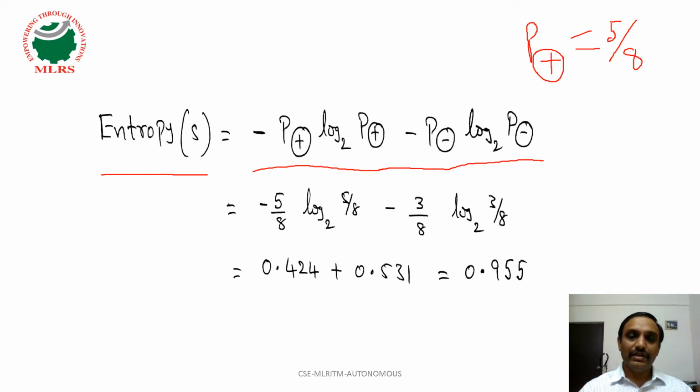Here in our truth table we have 5 positive divided by a total of 8. So minus 5 by 8 log 5 by 8 base 2, minus 3 by 8 log 3 by 8 base 2, where 3 is the number of negative examples. By taking these logarithm values, total entropy is 0.955.